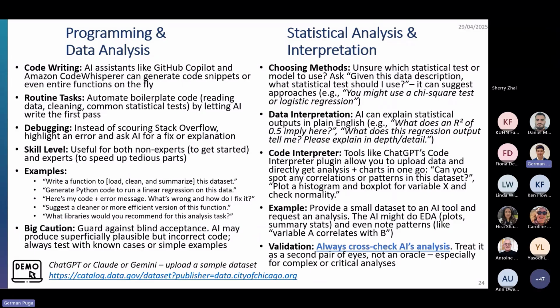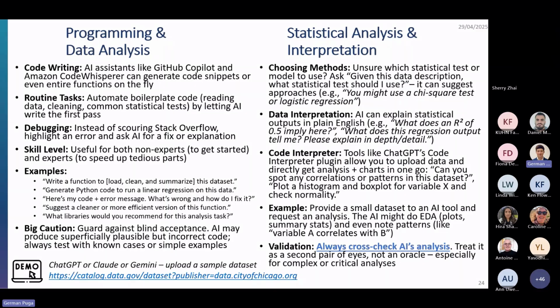But again, guarding against your blind acceptance, AI can produce very plausible, convincing code, but it can ultimately be incorrect, and it can be really messy, particularly when you're doing web development or something like that. I was trying to do full stack development and working with a model on creating a really complex software architecture. The model got lost a little bit sometimes, and then these errors propagated through the system.